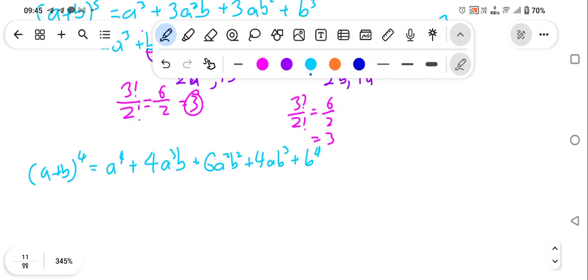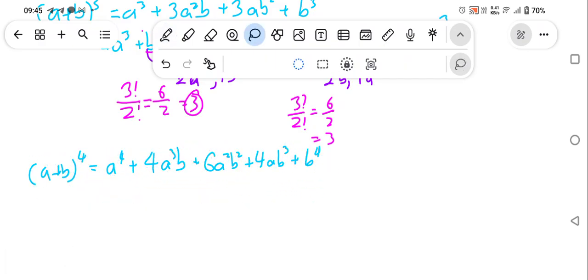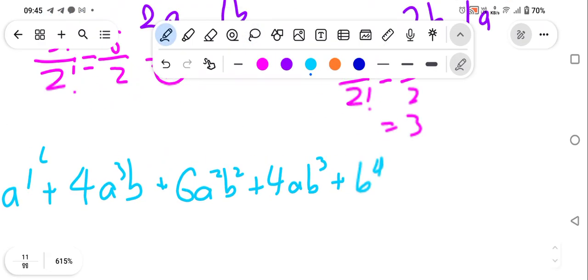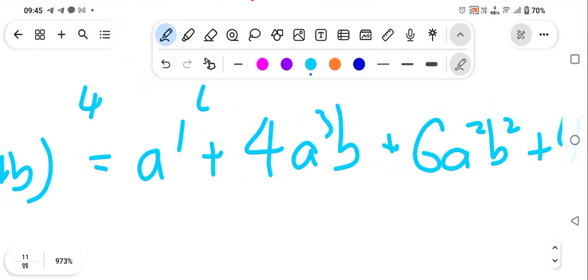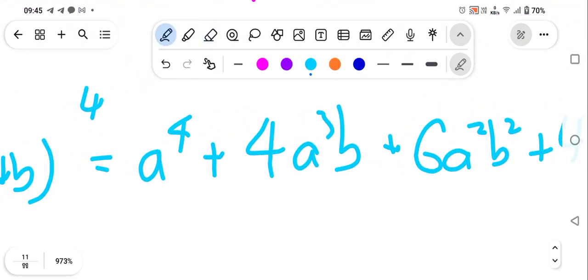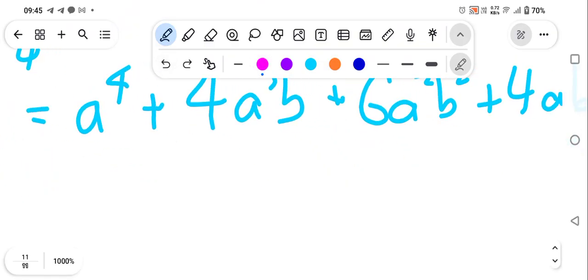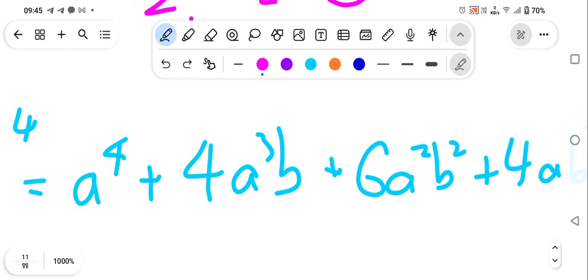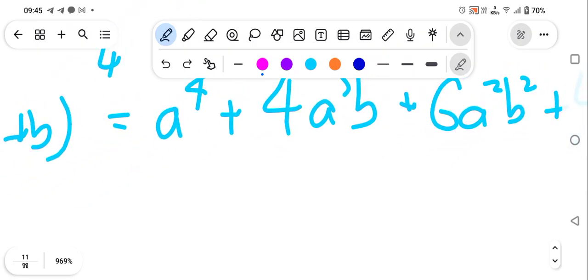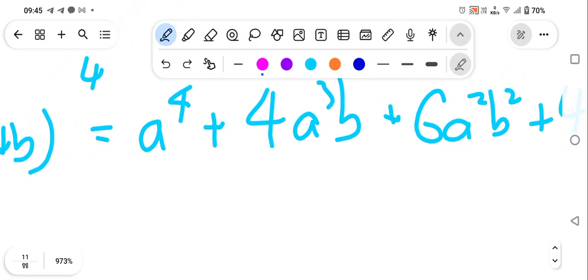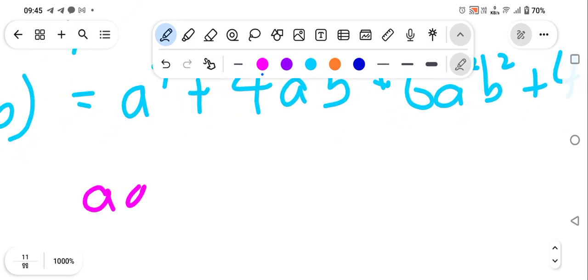Alright, so what can we extract from this? Well, the same thing. We're going to pay attention to the 4ab cubed over here. What are the possible combinations we can do with ab cubed? What causes this 4?